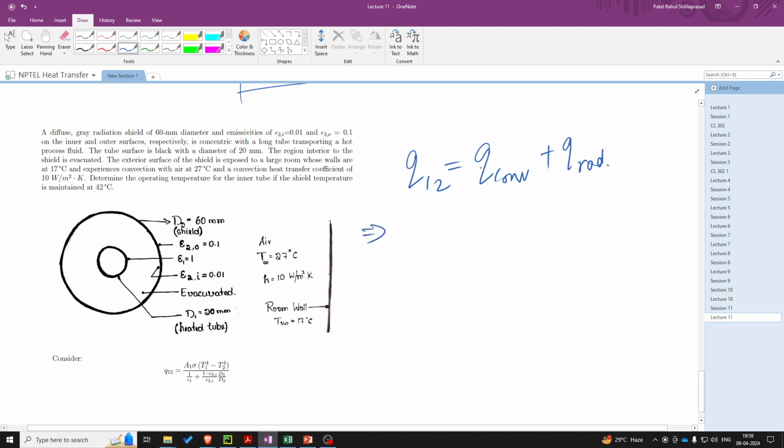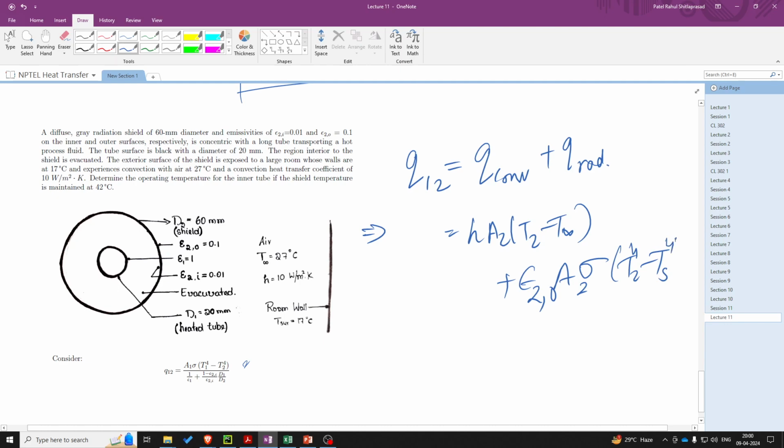That is, you can write this Q12 as, so Q12 is given by this equation, whereas Q convection we saw is h A2 (T2 minus T infinity), plus Q radiation is given as epsilon 2. Since radiation is occurring from this outer surface, we will take the emissivity of the outer surface as well as the area of the outer surface. That will remain the same, A2 times (T2 to the power 4 minus Ts to the power 4).